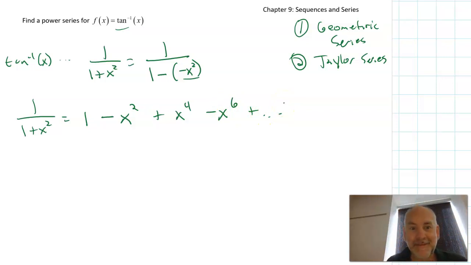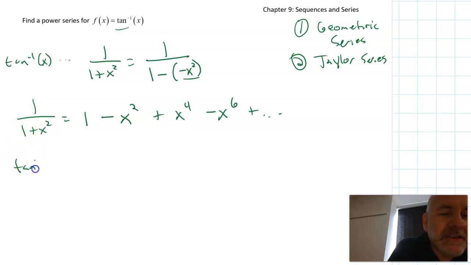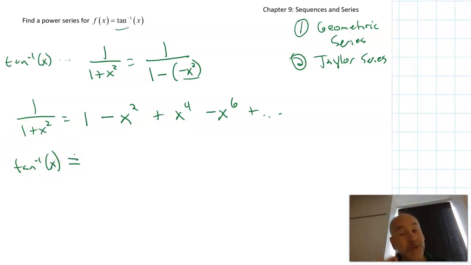Take the antiderivative of both sides, and so you've got tangent inverse of x is legitimately equal to, and we don't mean approximately equal to. This is the difference from the earlier stuff with Taylor, where we said we were just going to make a polynomial that's pretty close to the function we're talking about, and you've got a built-in error, and we kind of just accepted that.